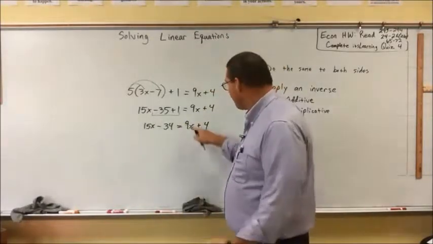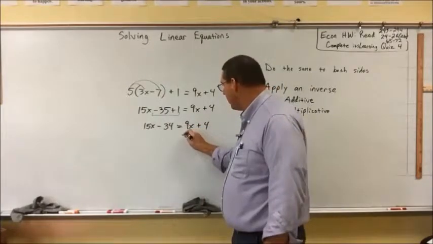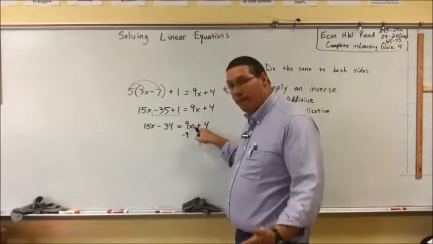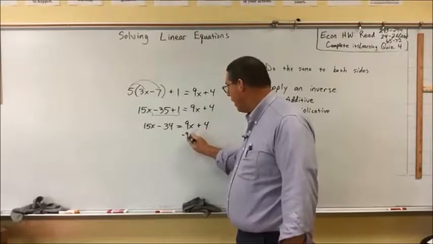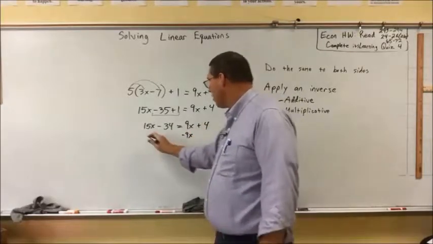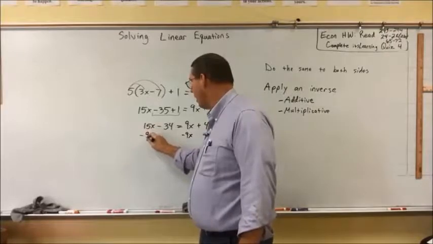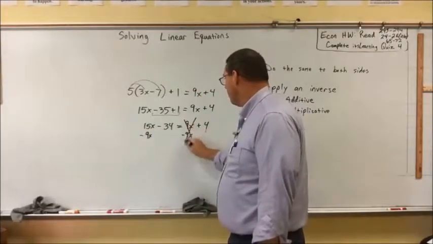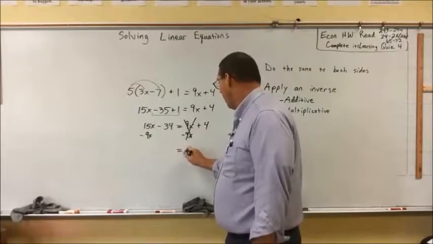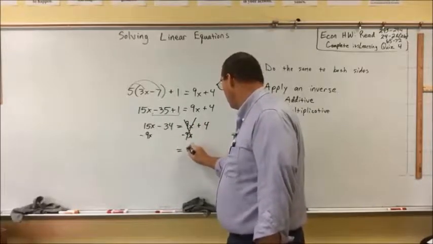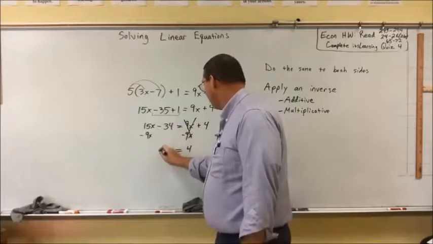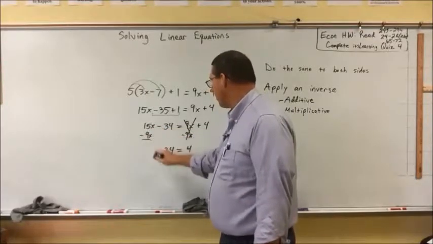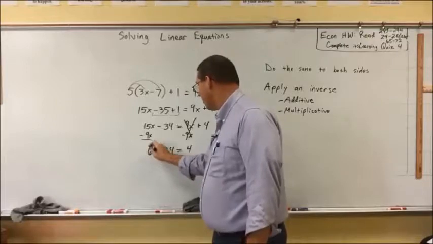The additive inverse of positive 9x is negative 9x. And whatever I do to one side, I have to do to the other. So I'm going to apply negative 9x to the other side. On this side, it's going to cancel. I'm going to carry down the equal sign, carry down the 4, carry down the negative 34, and then this, 15x minus 9x, is 6x.